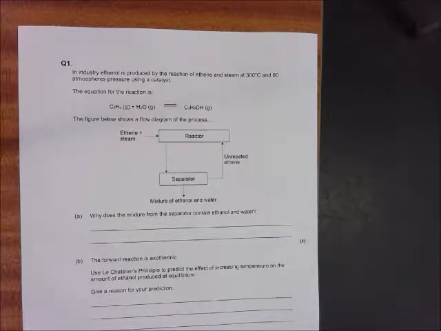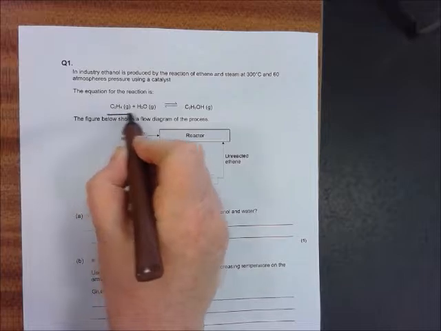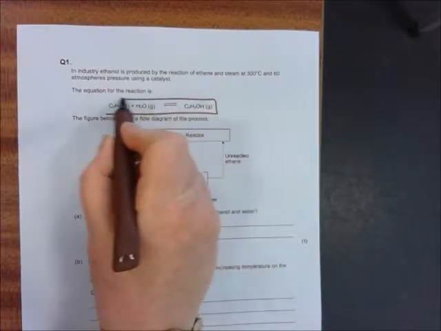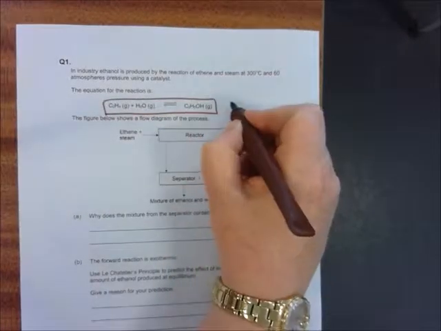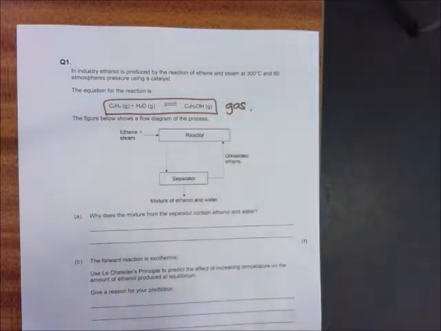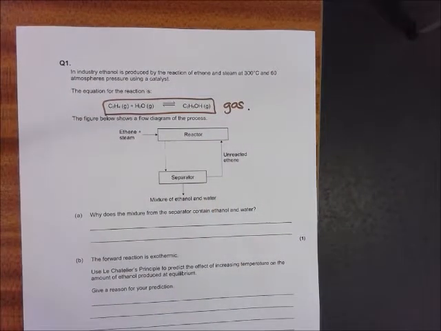Having understood how equilibrium works, now we're going to look at an exam practice question. So in this exam question, the context is ethanol produced from steam and ethene, and it's given the chemical equation in the data. So this is important. And as you can see from the chemical equation, we've got gas, so therefore pressure could be a factor.